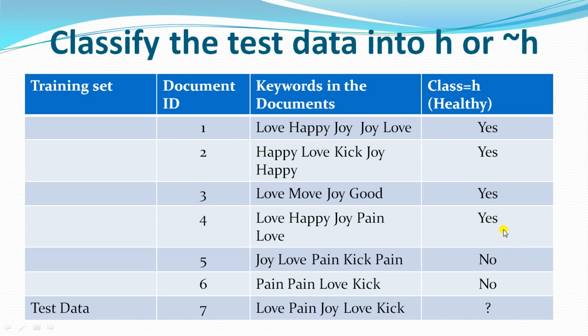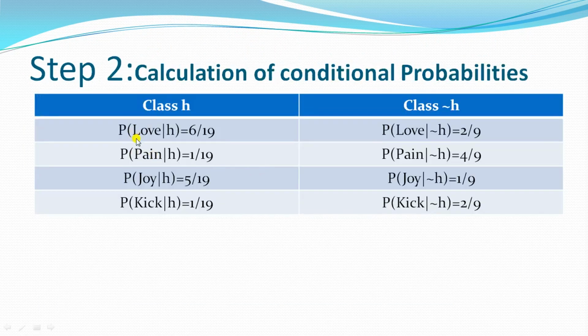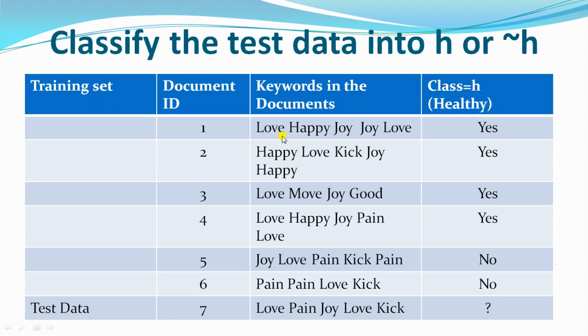Four rows are there in class H. Let's take one example, love. P of love given H is the probability of love in class H. Let's see how many love terms are there: 1, 2, 3, 4, 5, 6. In class H, I have 6 occurrences of love.